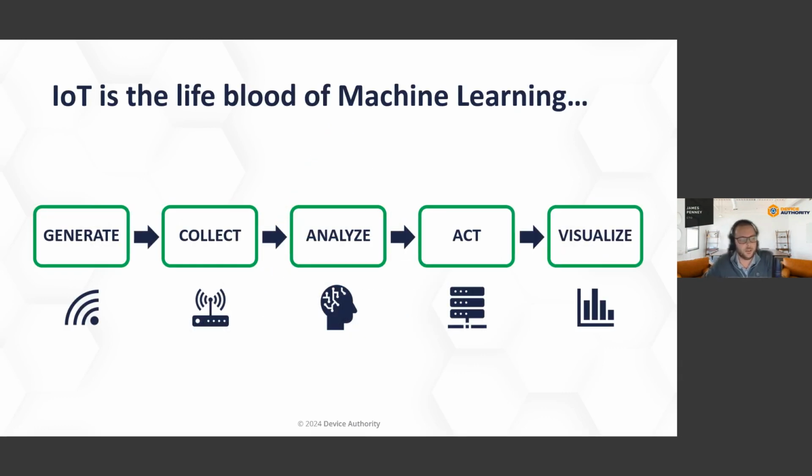If we look at the end-to-end cycle, IoT is the lifeblood of machine learning. It's where a lot of that data is generated, through sensors deployed in lampposts, factories, or cars. These are sensors connected to some kind of device or machine that's generating data, and then it shifts from generate to collect.